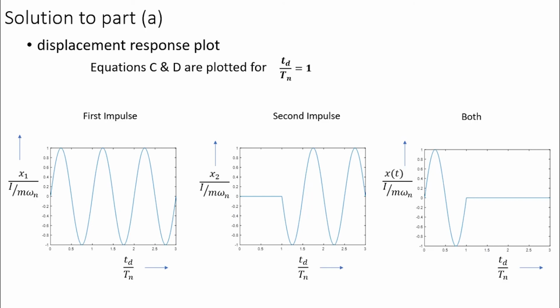So then we get 0 oscillations. The response is 0 beyond Td. When time is less than Td, the total response is equal to the first impulse response. But after Td, the response is 0, because the responses due to both cancel out each other.